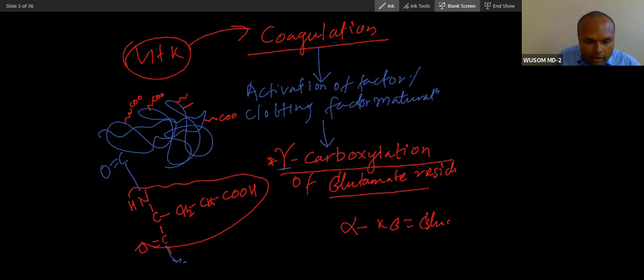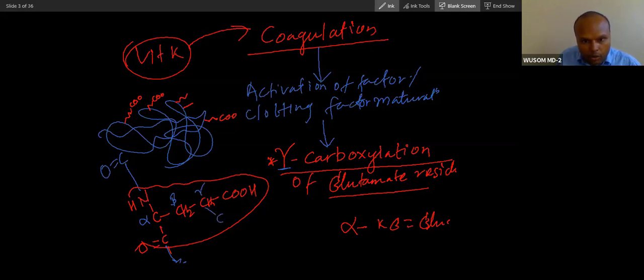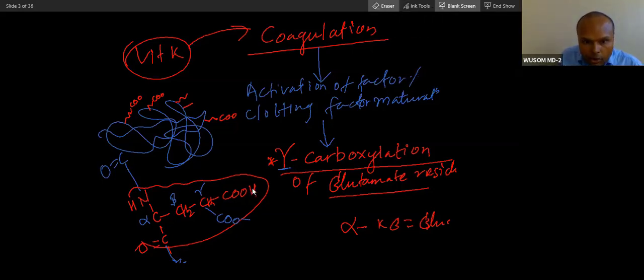Now see, if you count, what does gamma mean? The carbon attached to this functional group is which carbon? Alpha carbon. This is which carbon? Beta carbon. And this is? Gamma. Okay. So when you add a carboxy group here, can you see what it becomes? It becomes a carboxy group like this, with a negative charge. I will draw one negative, and you remove this H and put one negative charge.